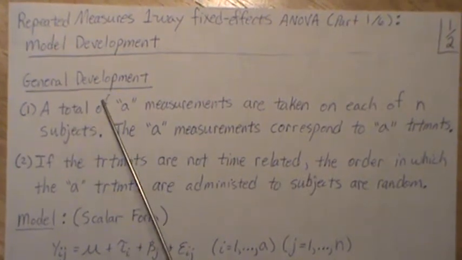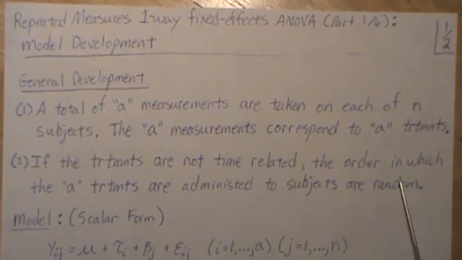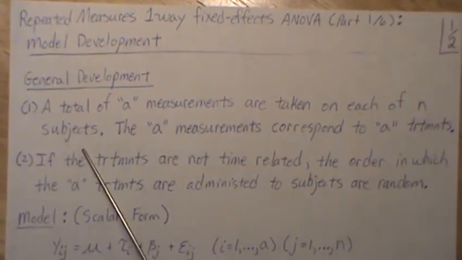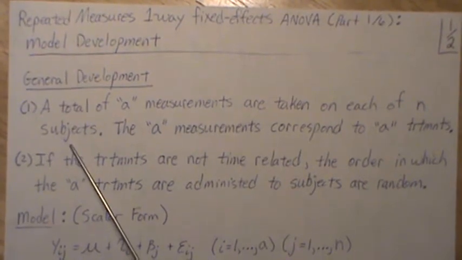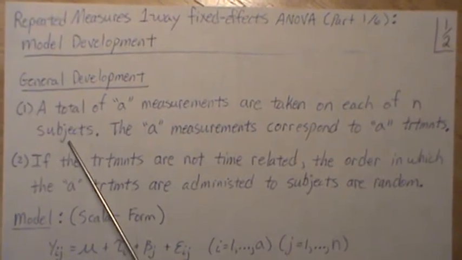And so the general development is this: a total of A measurements are taken on each of N subjects. Now technically it doesn't have to be subjects, it's just an object or an observation repeatedly taken measures upon.